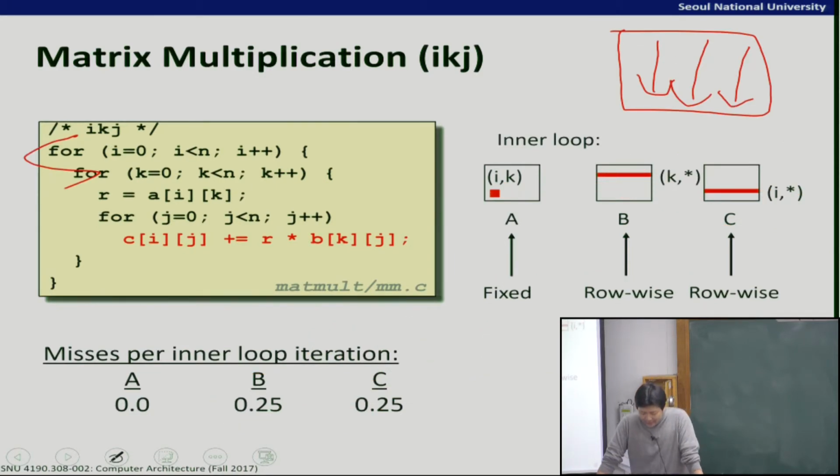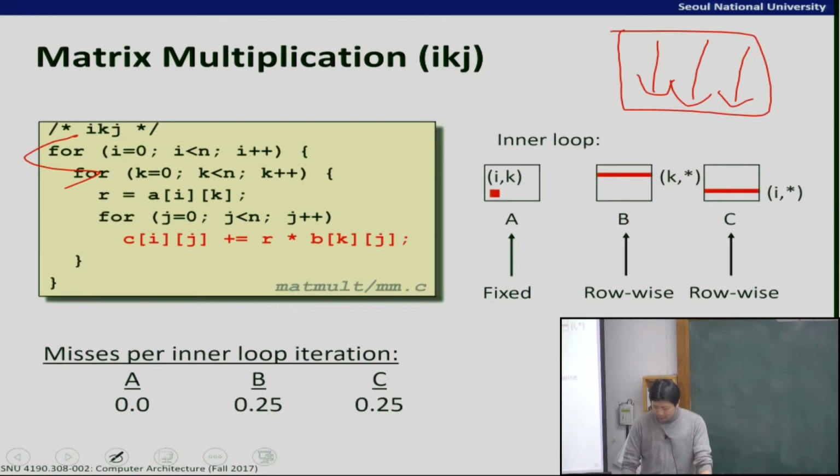Likewise, for IJK we can do the same. We only change the order of computation. Again, B and C show a very nice row-wise access pattern, and A is fixed. So the cache miss per inner loop iteration doesn't really change in this case: 0, 0.25, and 0.25.